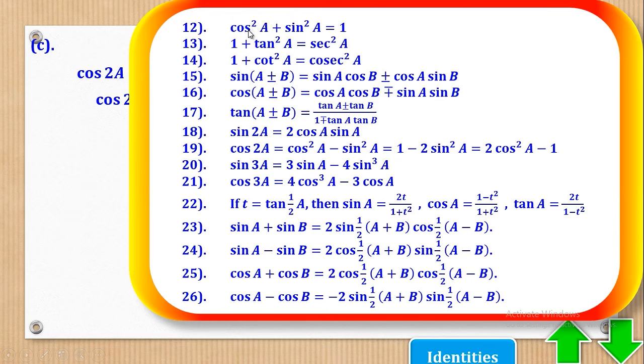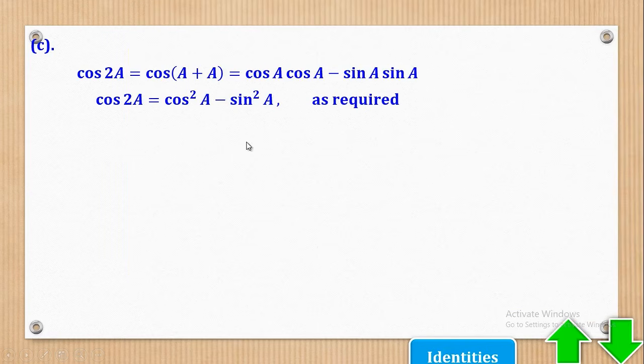But if it is cos squared A minus sine squared A, it is no longer equal to 1, but it is equal to cos 2A. So always remember that, as it is confusing to many students. That was the first part of the proof.